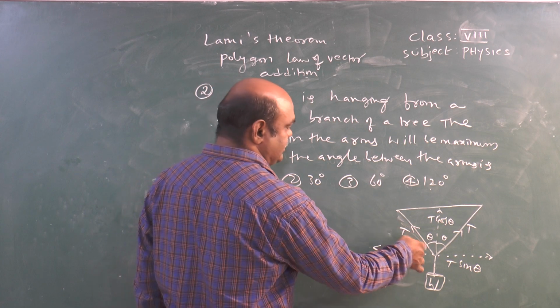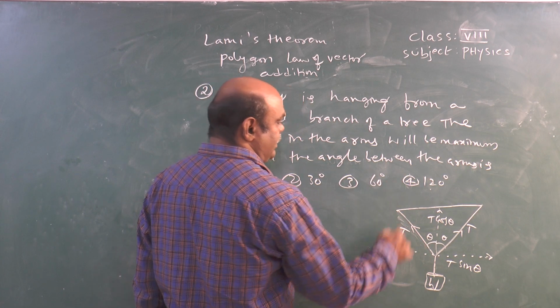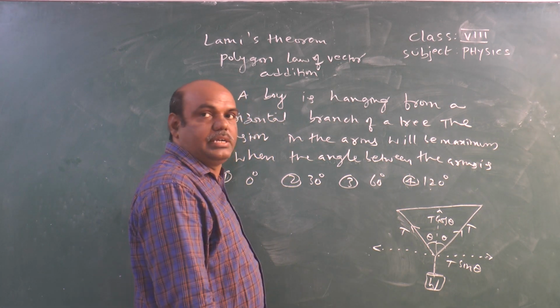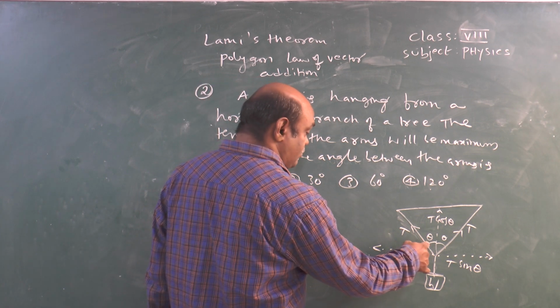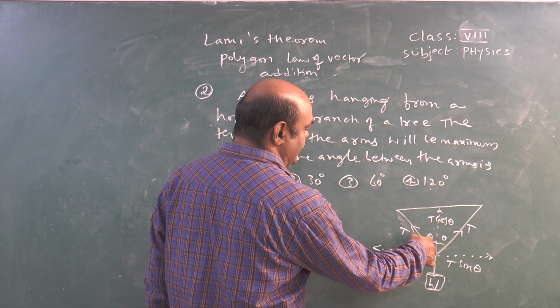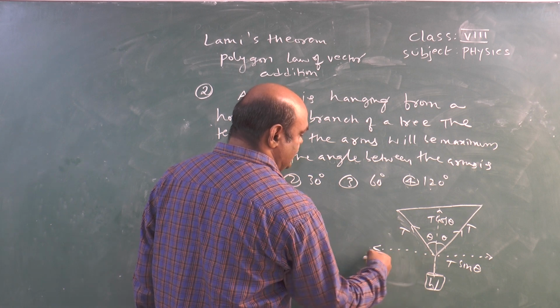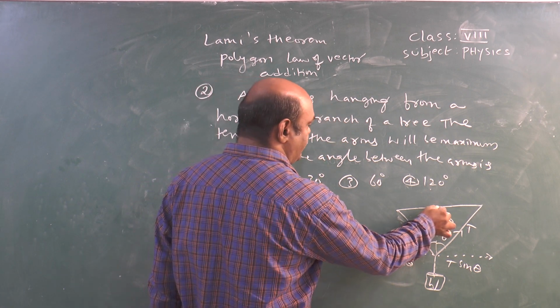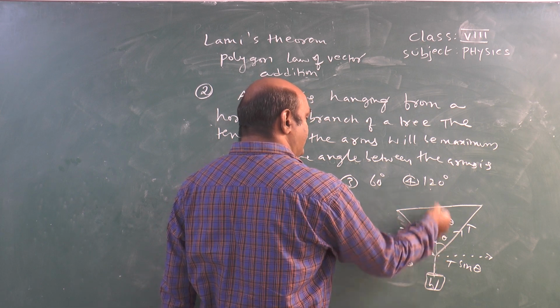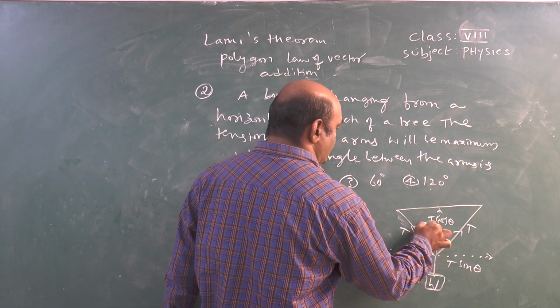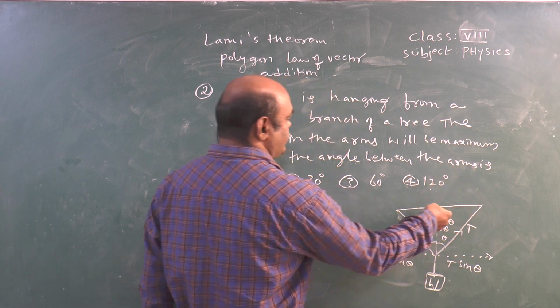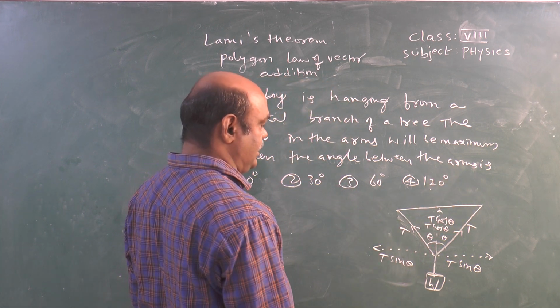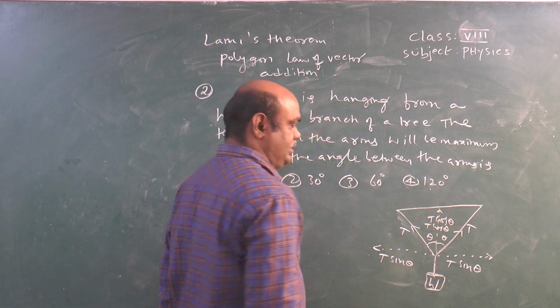Now here, T is the tension developed in the hand. Based upon this theta angle, this is called the horizontal, so T sin theta because it is the opposite side, and in this one vertical, so it is T cos theta.